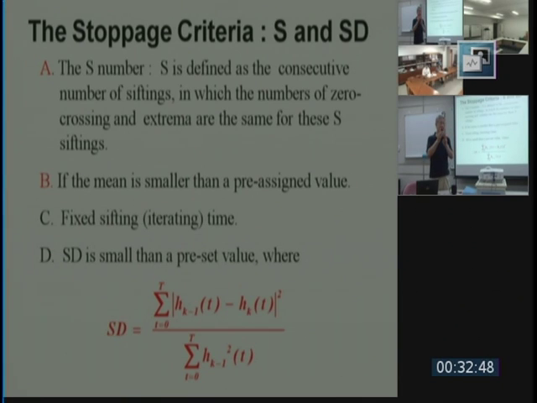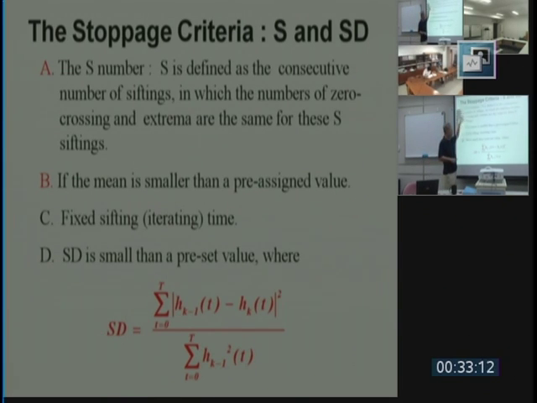If I check 10 and 10 and then it becomes 11, I get an extra extremum, so then this 10 is not valid, and it's only 2. So it depends upon how many consecutive times the zero crossing number and the extrema number are equal and stay at the same value. That's the S number criterion.